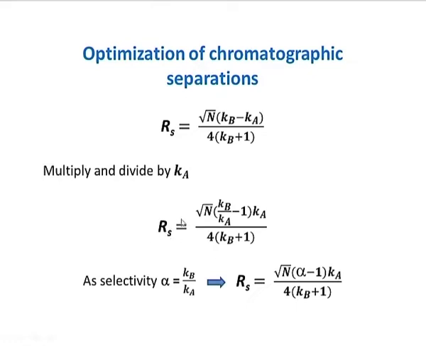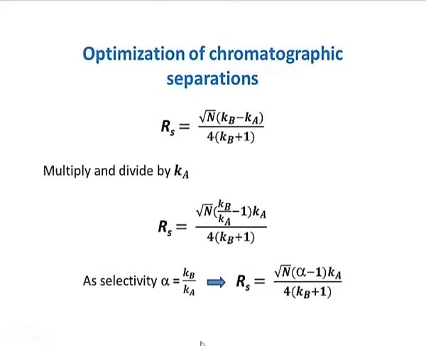So, you get Rs, which is equal to square root of n times Kb upon Ka minus Ka upon Ka, which becomes 1, times you multiply the same numerator by Ka upon 4 times Kb plus 1.